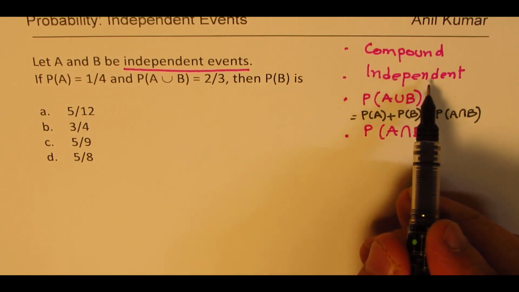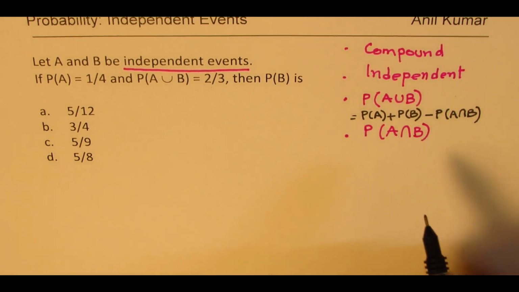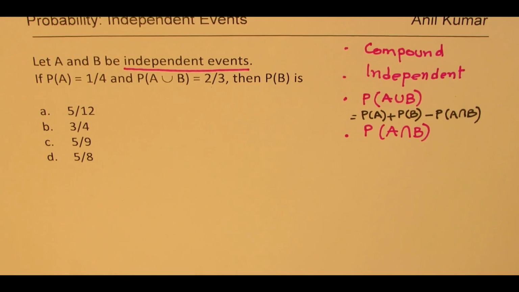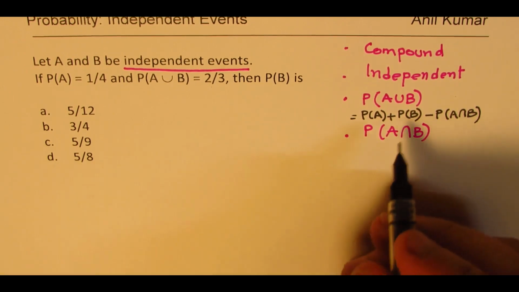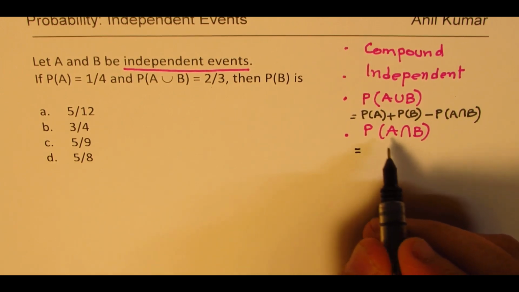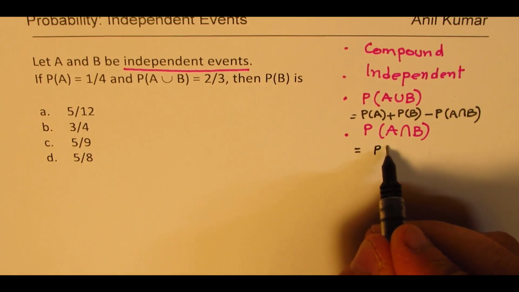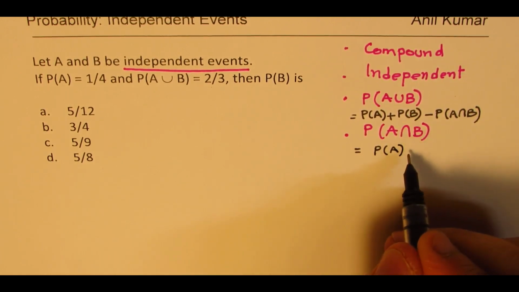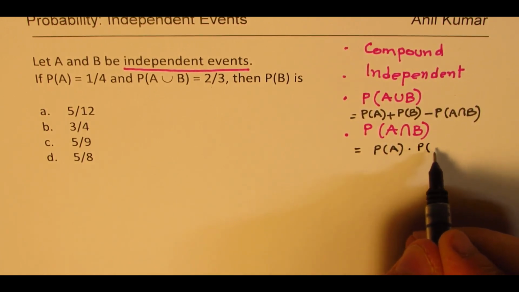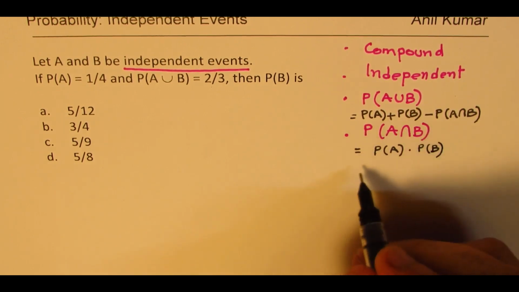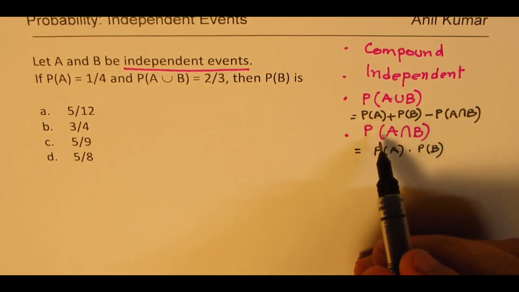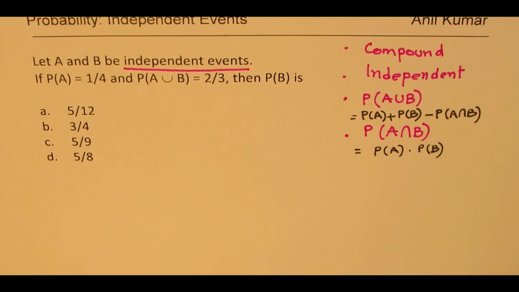Well, in case of independent events, the probability of A or B does not change from what has happened earlier. It remains the same. So in that case, probability of A and B is the product of probability of A and probability of B. Even if it is the other way, first B happens and then A, it doesn't really change. So I hope you got the concept here.